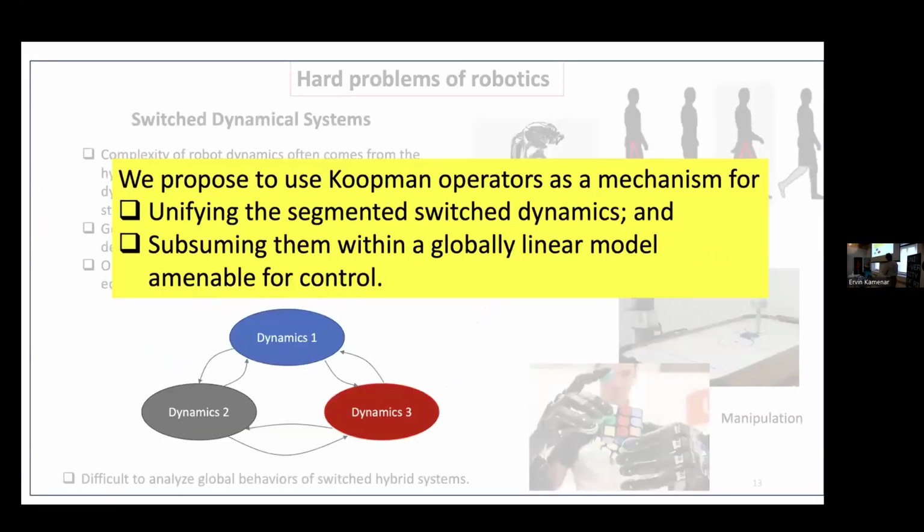So I propose to use Koopman operators as a mechanism for unifying the otherwise segmented switched dynamics, and subsuming each segmented dynamics within a global linear model, which is very amenable for control.